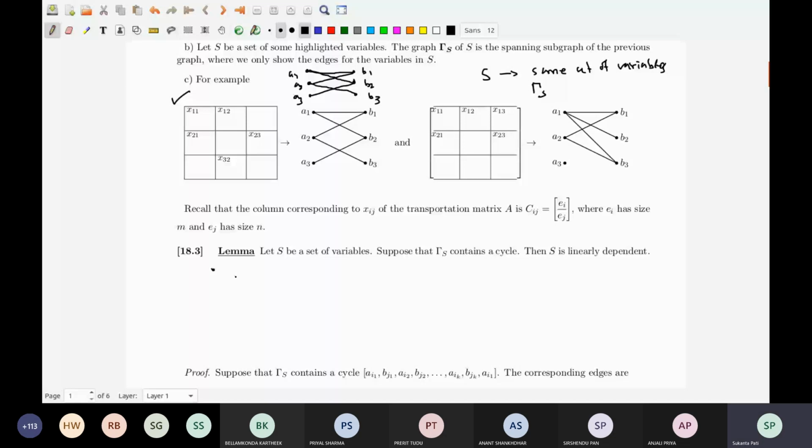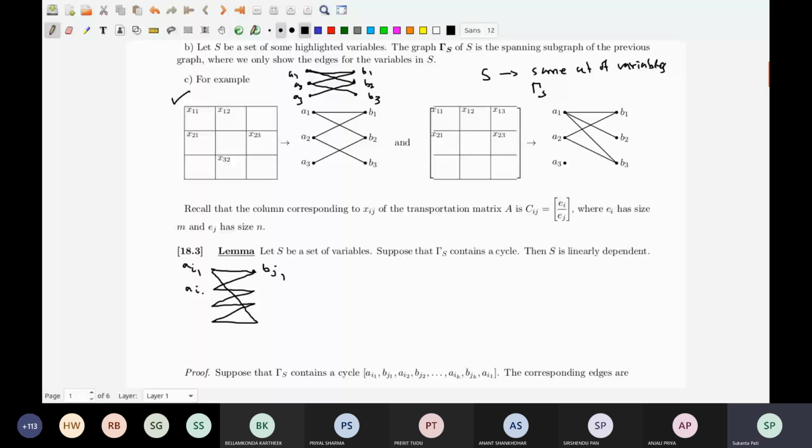So this is like AI1, and this one is BJ1. I am not drawing the other vertices and edges that there may be. This is AI2, this is BJ2, and like this. This is AIK, and this is BJK.